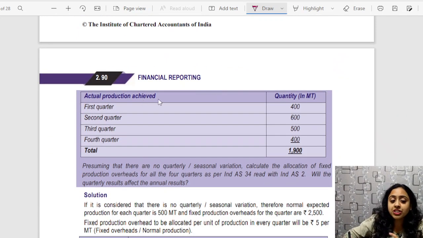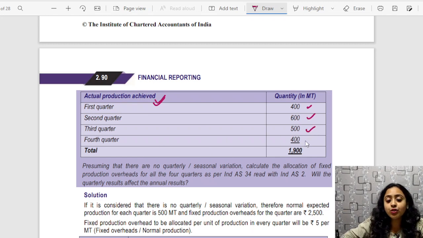Actual production should be 500, 500, 500, 500. But here in the first quarter it has achieved only 400. In the second quarter it has achieved 600. In the third quarter 500 is equal to 500, and in the fourth quarter they have achieved only 400.